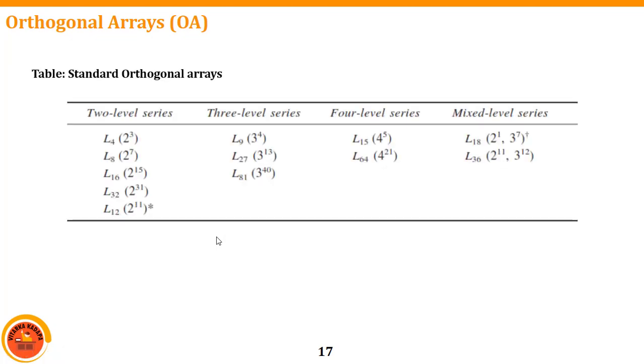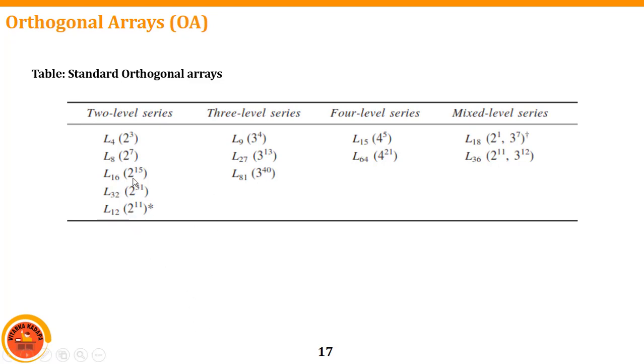Next, some standard orthogonal arrays are available, like the L4 orthogonal array 2 power 3, L8 orthogonal array 2 power 7, L16 orthogonal array 2 power 15. Taguchi has developed the theory to get that set of experiments at this particular number of sets only.